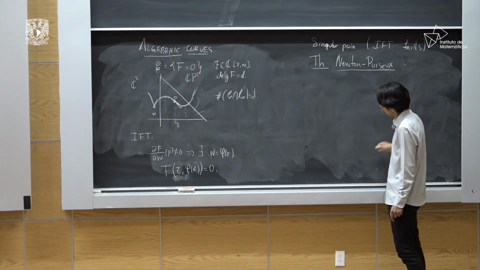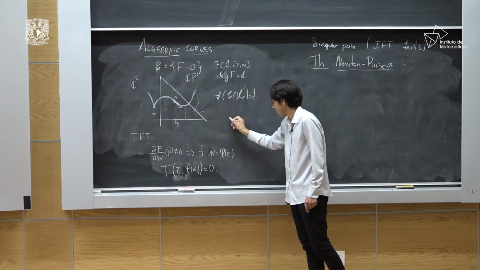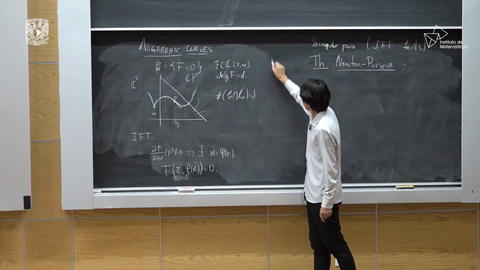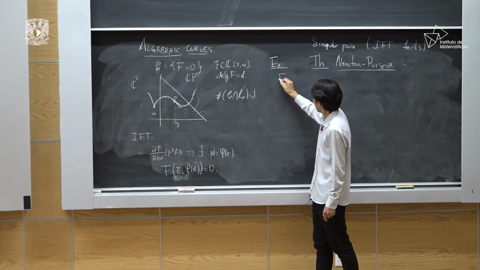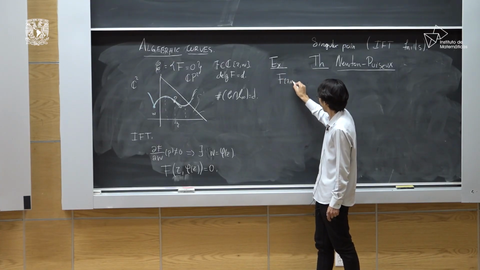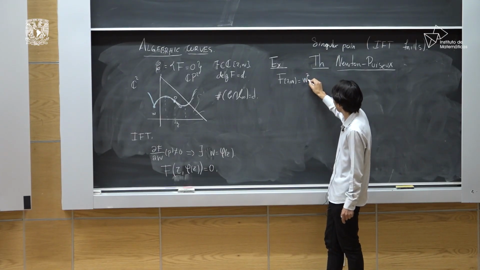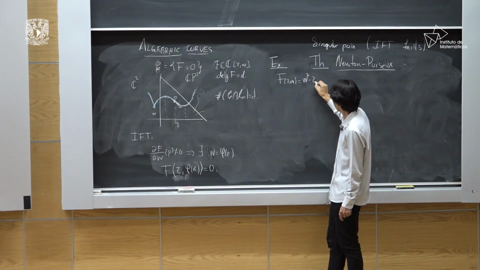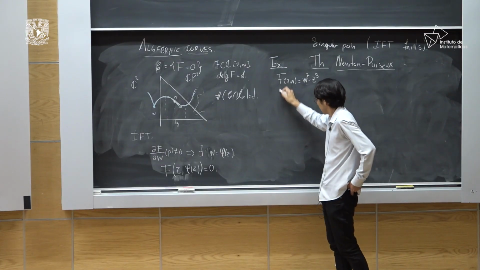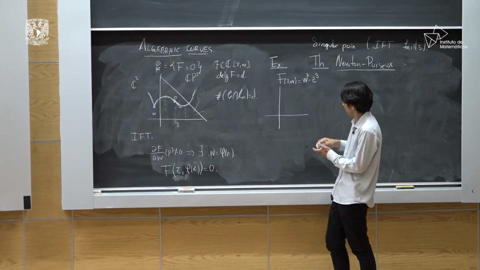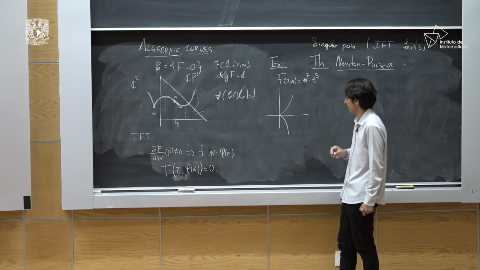Before the statement of the Newton implicit theorem, we can consider the curve given by the polynomial w squared minus z cubed, my favorite example. This curve in the real plot looks like this.